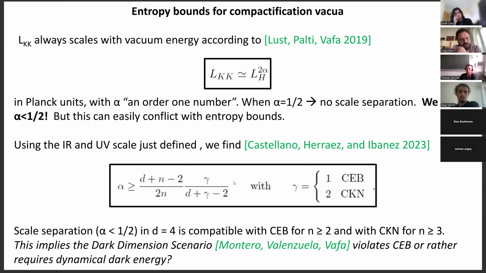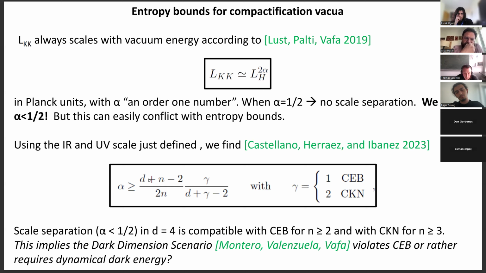So what do I get? This was due to Castellano, Herraiz, and Ibanez. You get a formula like this. So you actually find a bound on alpha. And the bound is actually interesting. It points in such a way that alpha cannot be too small.